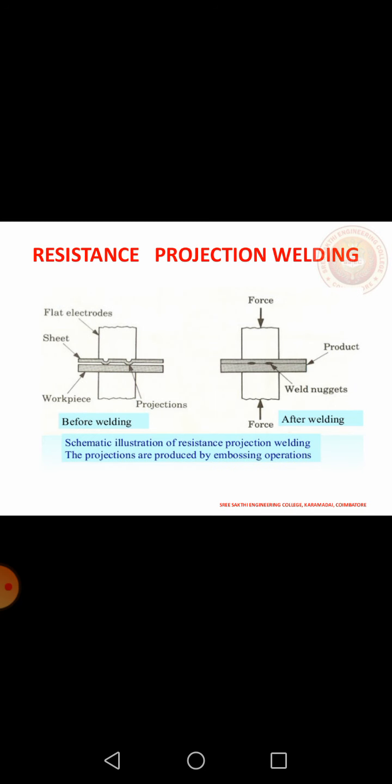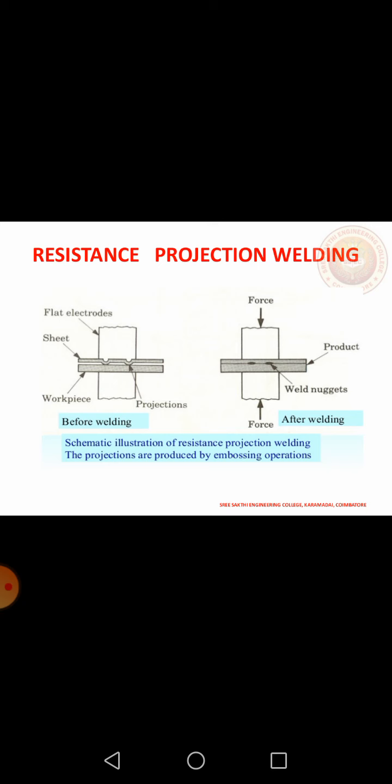First, resistance projection welding. Projection welding is similar to spot welding, apart from a dimple that is generated on the work part at the place where the weld is preferred. The work part is held between electrodes and a huge quantity of current flows through it.